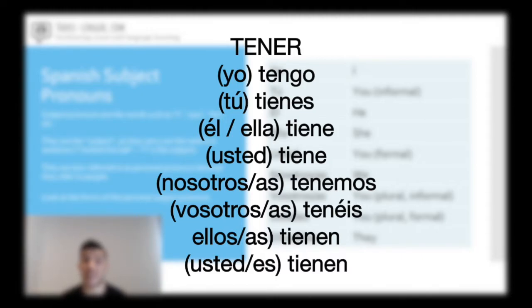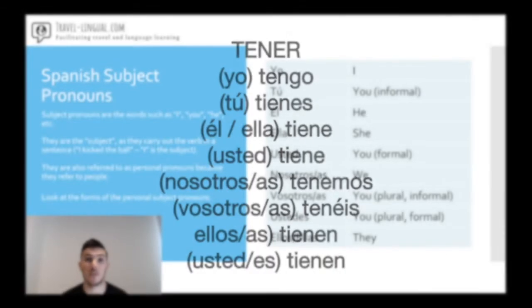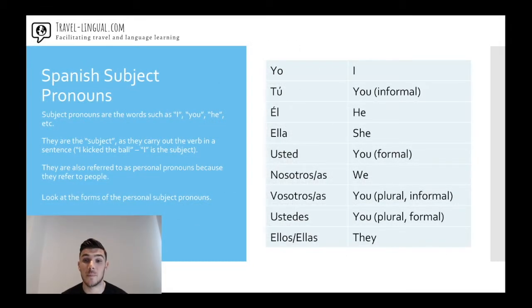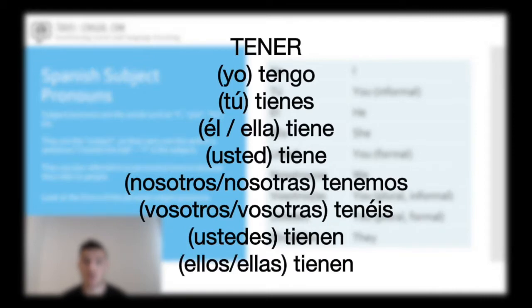Vosotros tenéis, so you guys, plural, have. Vosotras tenéis, you girls, plural, have. Vosotros, again, could just be a group of both men and women. Ustedes, you plural, formal. Okay, so let's imagine that I am addressing the president and all of his cabinet.